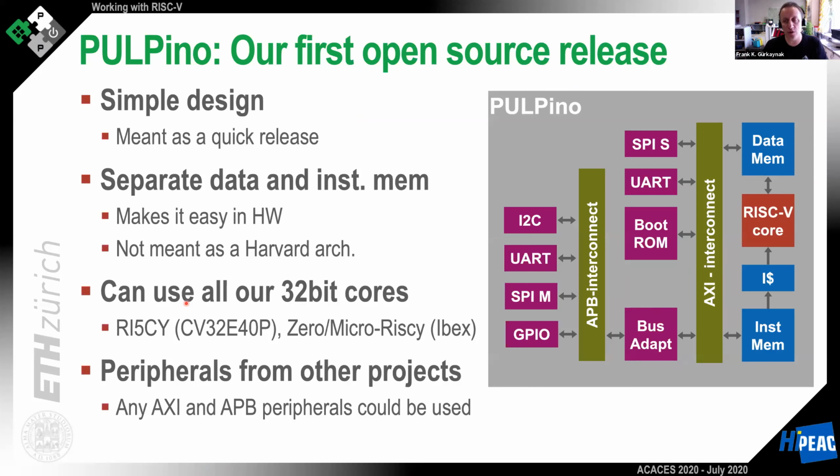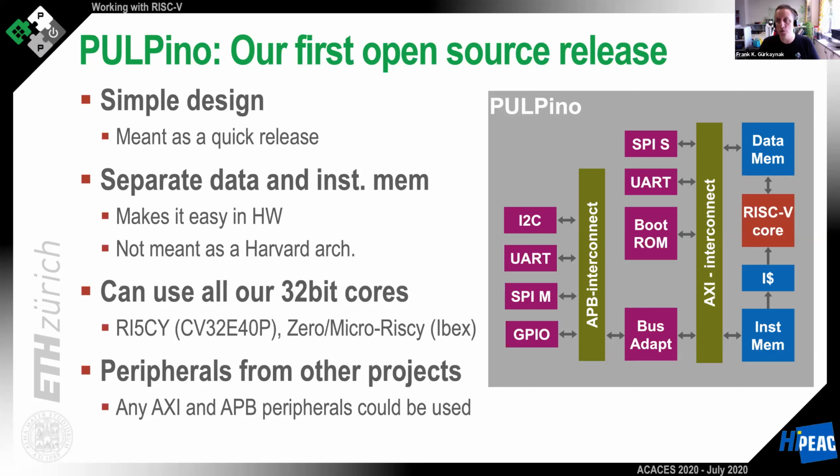If you've been following what we were doing, PULPino is our first open source release. It was released early in 2016, and it was a simple design. We were also trying to figure out what it means to do an open source release, what kind of things you have to think about. And this is a core. At the time, it was a simple RISC-V core.